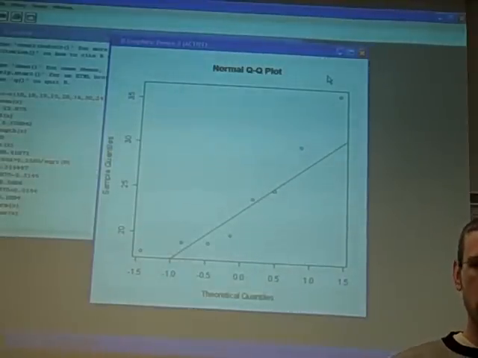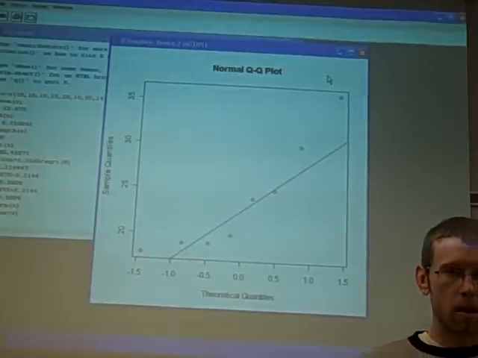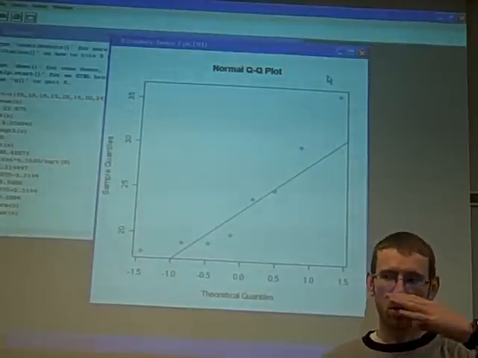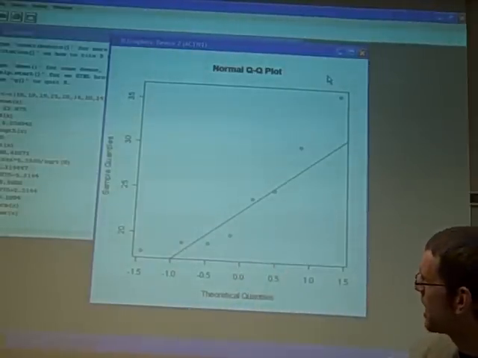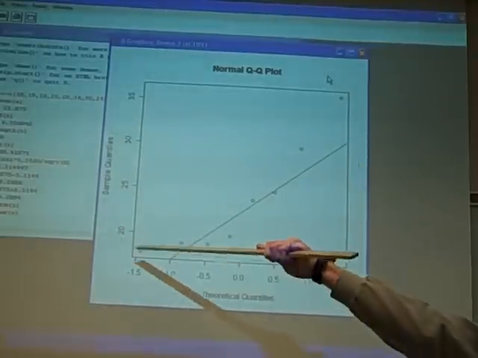Linearity indicates normality. So if these points are basically linear, now that's not going to be 100% the case. Basically we do not want to see some pattern of curvature. Do we think we see a pattern of curvature here? Yes. Kind of, yeah, because if you look at it, it looks like there's something like this.